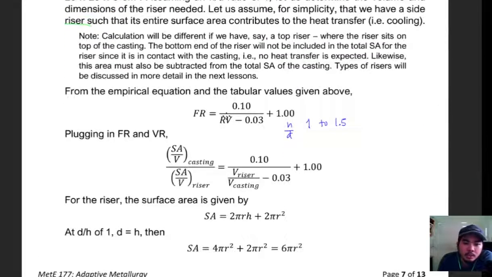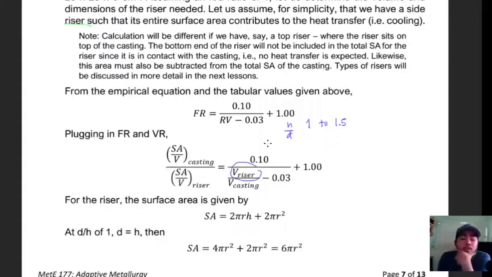So we know the freezing ratio is just surface area over volume ng casting, tapos over the surface area over volume ng riser. Tapos ito, this is the relative volume is just the volume of the riser versus over the volume of the casting. And itong volume of the riser is exactly what we are looking for, no?